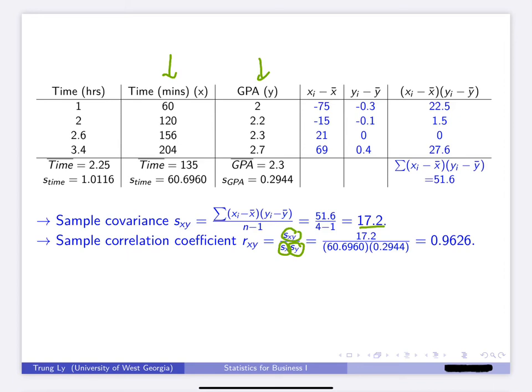So the sample standard deviation of time is 60.6960, and the sample standard deviation of GPA is 0.2944.